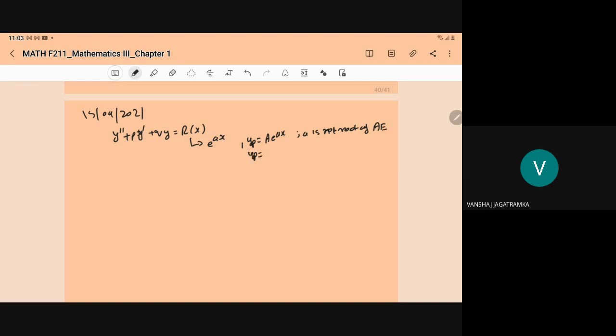We take yp as A x e to power ax when a is a simple root of the auxiliary equation. We take yp as A x square e to power ax when a is a double root of the auxiliary equation.